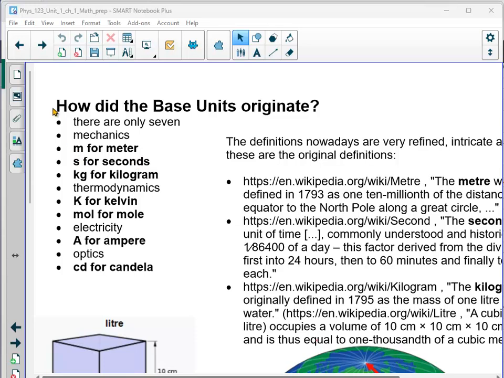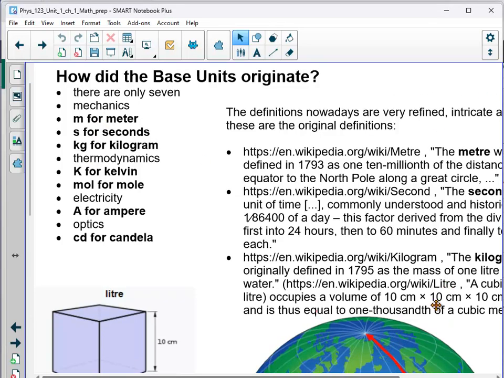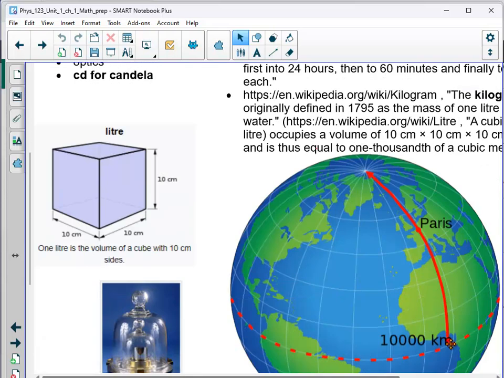So how did the base units originate? I highlighted these 7 over here. I'm just going to go over the first 3 here. So the meter originates from going from the equator to the pole, apparently through Paris, and dividing that by 10 million, that's where you get the meter, or divide by 10,000, that's where you get the kilometer.